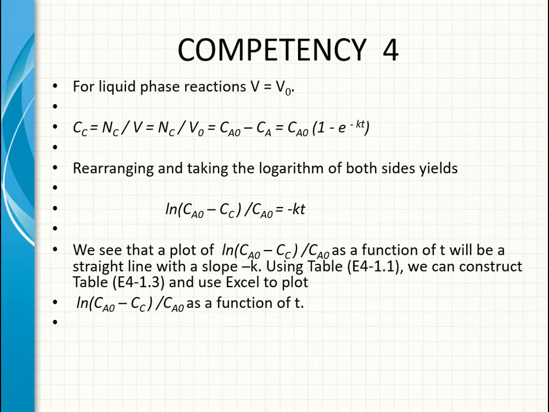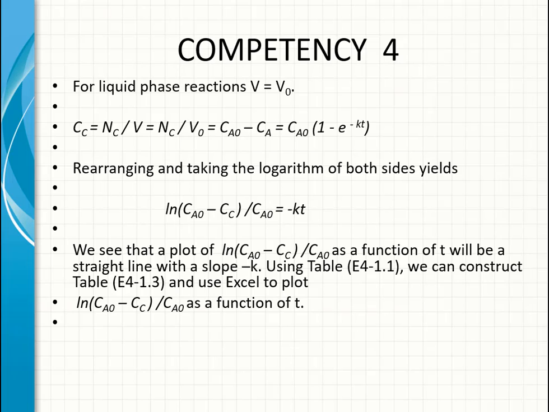Then the concentration of C, which is Nc divided by V, where Nc is equal to Na0 minus Na. So at the end, Cc is equal to Ca0 minus Ca, and is going to be equal to Ca0 times 1 minus exponential of minus kt, if we substitute the value of Ca that we just obtained before.